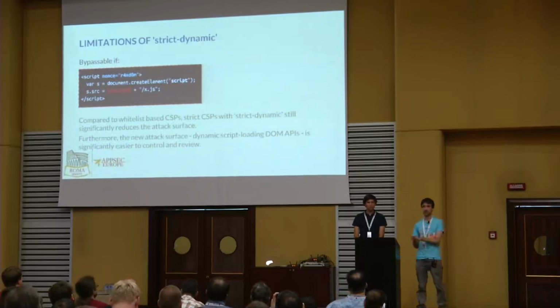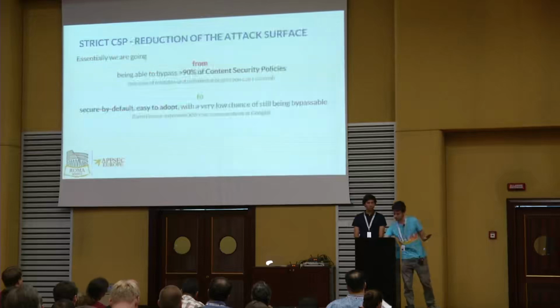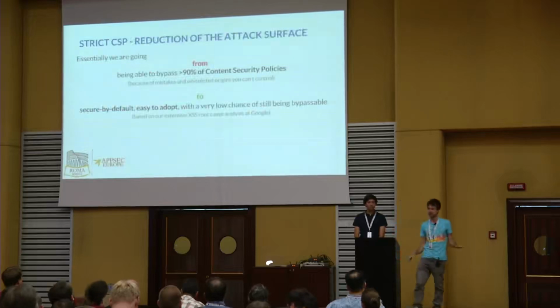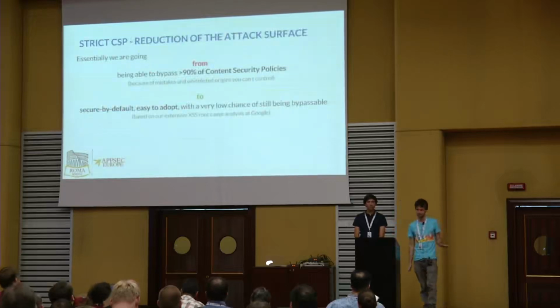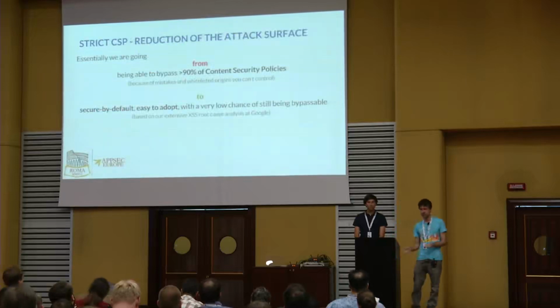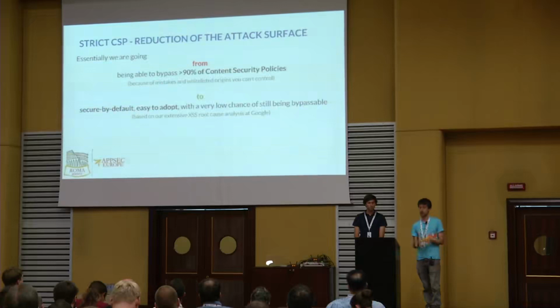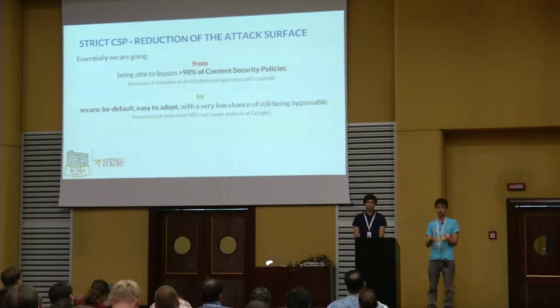So basically, we are going from being able to bypass the vast majority of content security policies, more than 90%, because of mistakes in the whitelist, so CSP was useless for XSS mitigation in the vast majority of the cases, to having a secure by default. And also, you were carrying the burden of other origins you can't control.